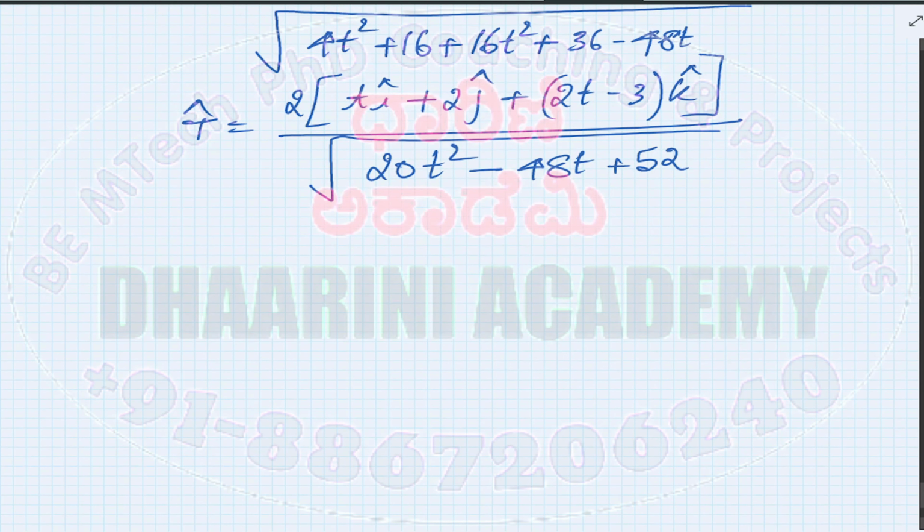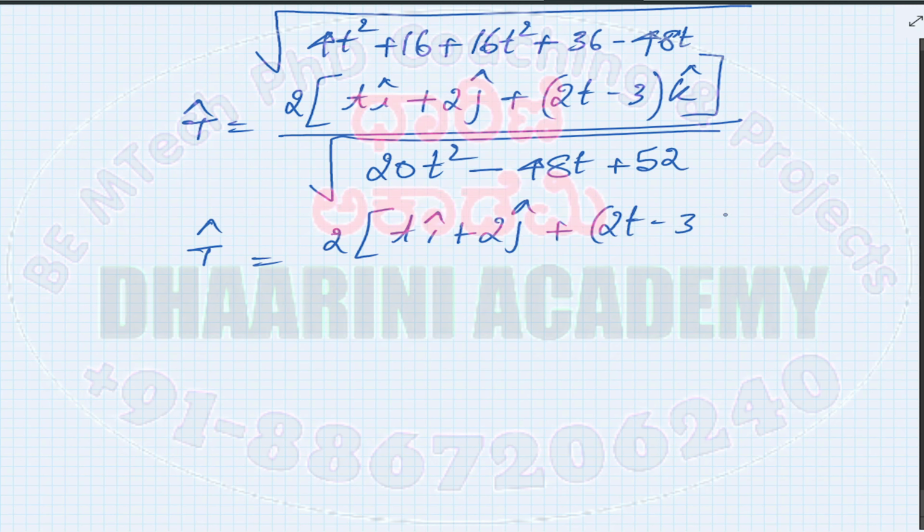Okay, now I can try to simplify this in the following fashion. This is t cap. If I take a 2 outside, anyway, the 2 outside which is already there, let's write as it is. This is t into I cap plus 2j cap plus 2t minus 3 times k cap whole divided by, from the square root I'll take 4 outside because 4 is common, but when 4 goes out of the square root, 4 becomes 2.